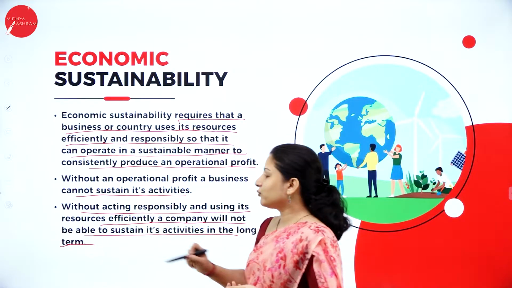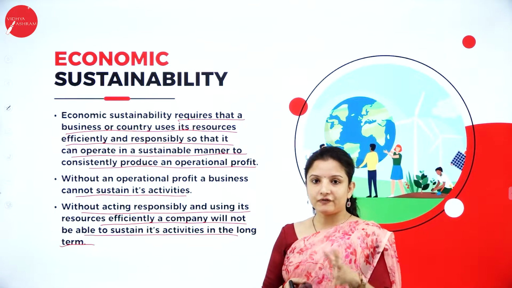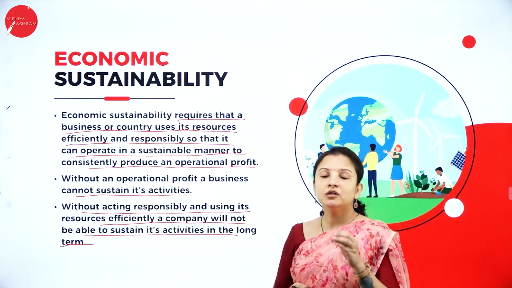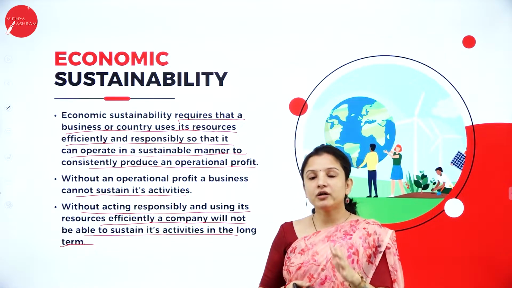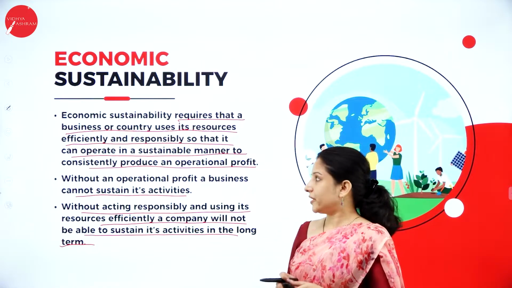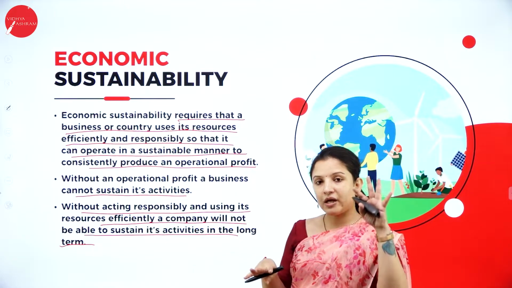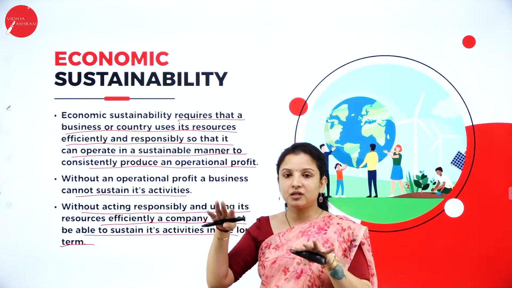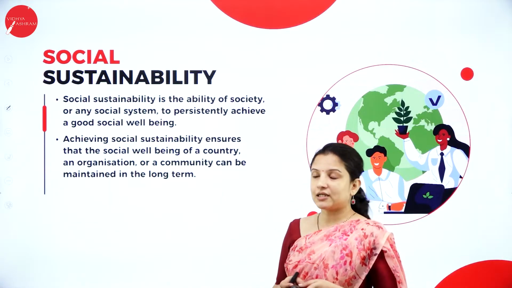So whatever resources are available, you have to make use of them in an efficient manner so that it doesn't become an economic loss to the company, nor does it pose a threat to the environment. So that is about economic sustainability, where you need to maintain a balance between the capital and also the environment.